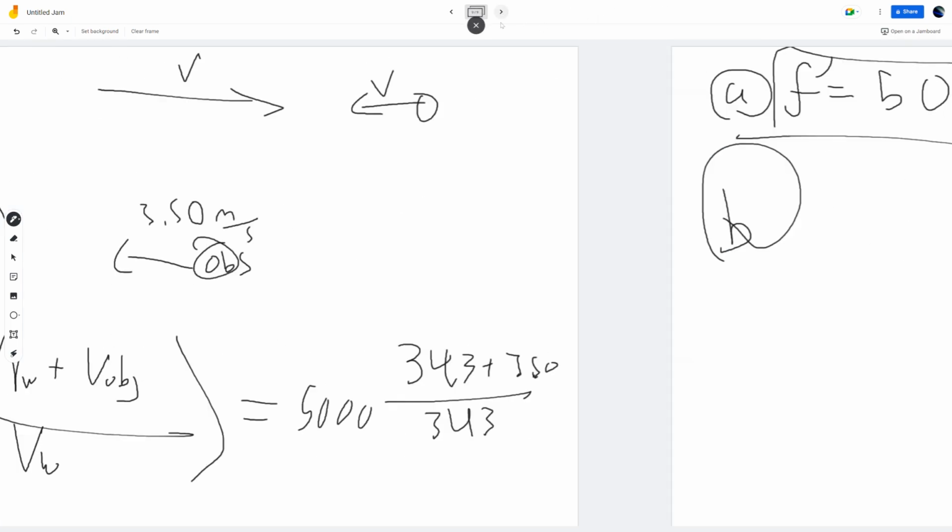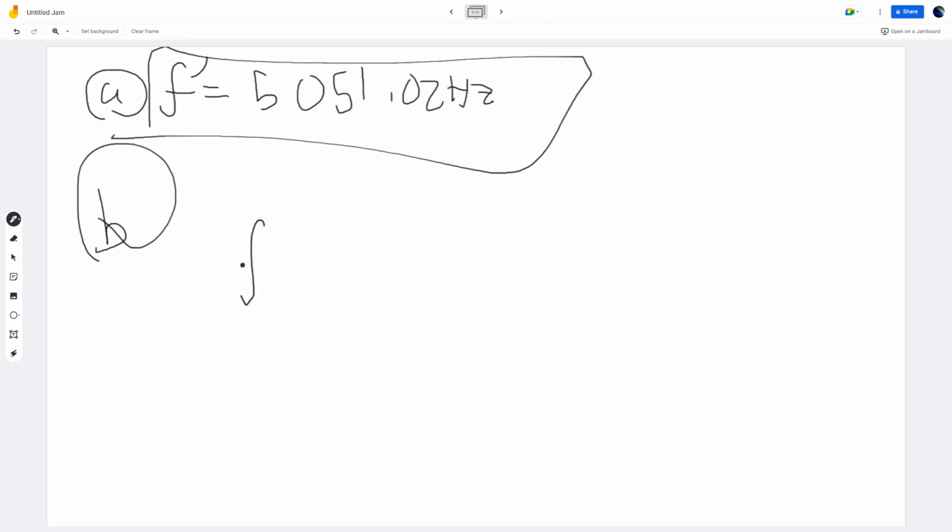Okay. So we're going to use the same equation here, but it's going to be a little bit different. We have v wave, and then v wave this time minus the velocity of the source.